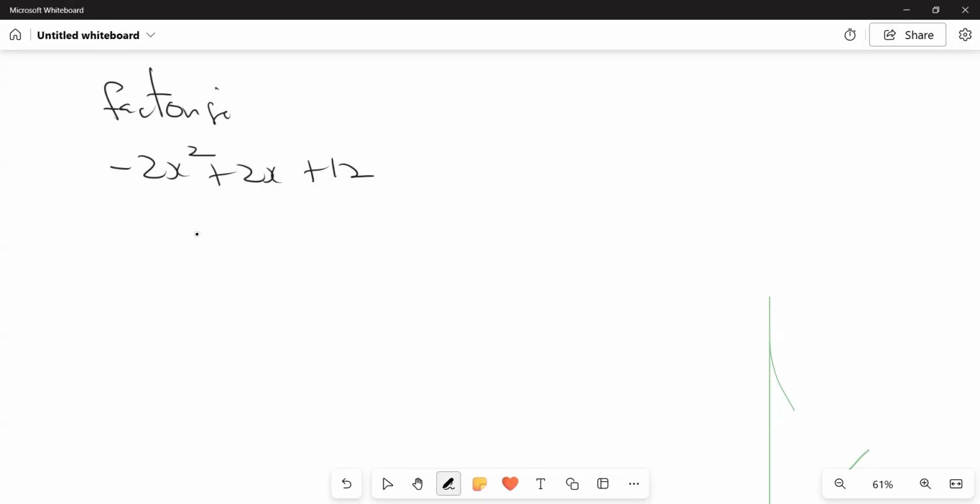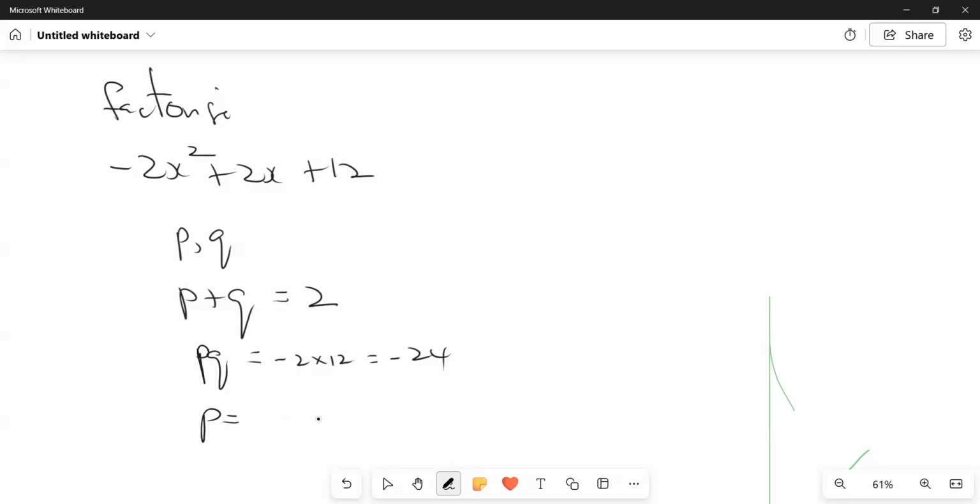Let's call them P and Q. They must add up to give you 2, and P times Q must multiply to give you minus 2 by 12, which is minus 24. So tell me what P can be, what Q can be. They must multiply to give you minus 24.